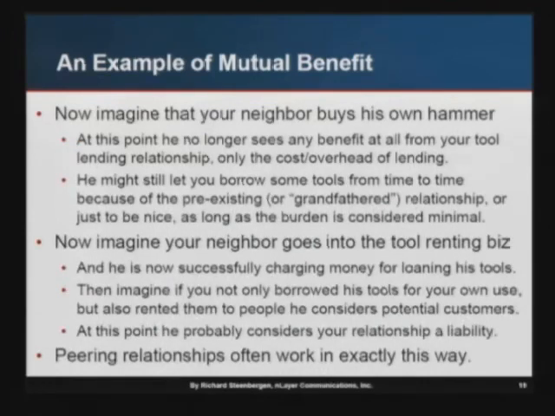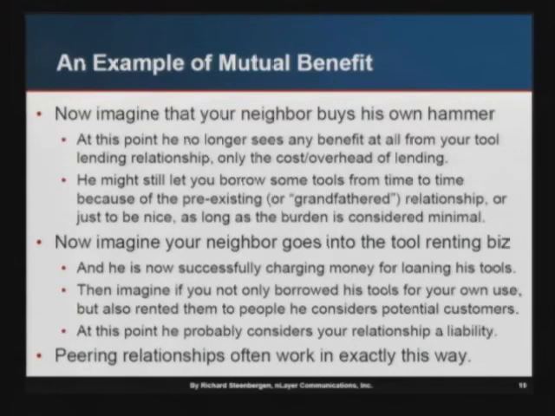It's that there's no benefit for him at all. He gains nothing. He already has a hammer. He has no need to have this relationship with you. The only thing that he sees is the cost of managing this relationship and the time that you're borrowing his tools. And he might still let you get away with it because you have a pre-existing relationship, or just to be nice, but as long as the burden's minimal. And if you start being a pain, he might reconsider that relationship.